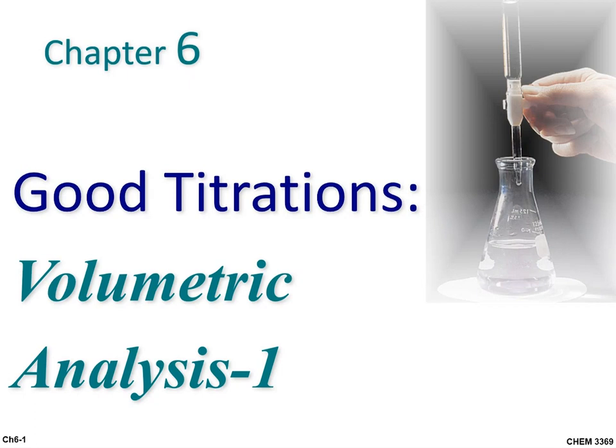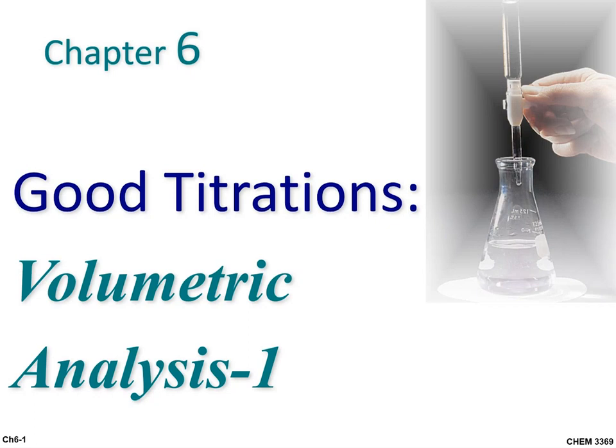There are also titrations in which you measure the quantity of charge that is required to completely consume the analyte. If that is the quantity measured, then we talk about coulometric titrations. So it all depends on which quantity we measure. If it's volume, it's volumetric. If it's mass, it's gravimetric. If it's charge, it's coulometric.